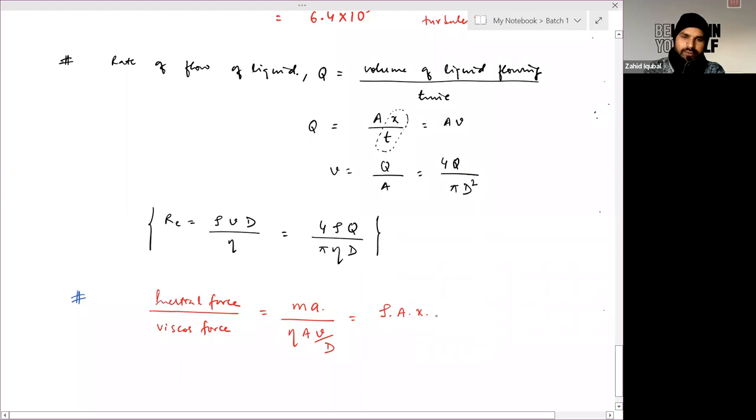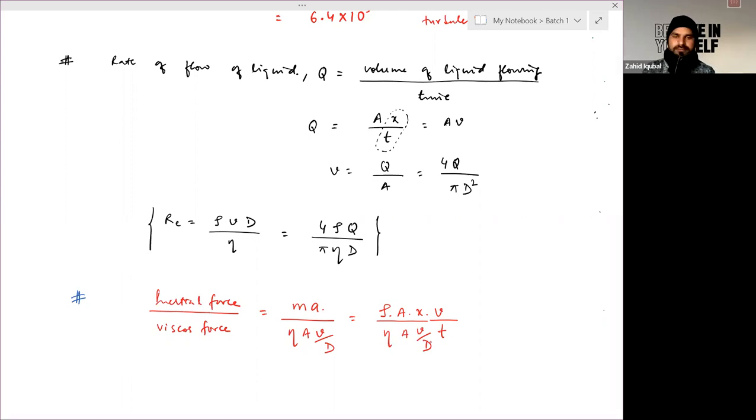Acceleration will be velocity divided by time taken. Viscous force is eta, A, velocity by diameter. Is it clear till this part? Any doubt in this expression? No, sir.